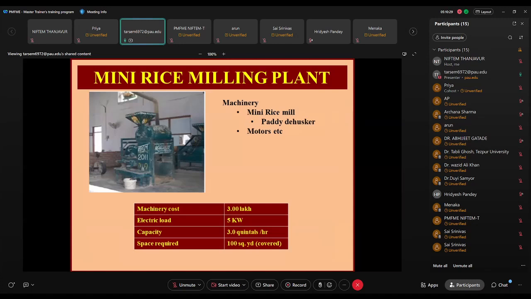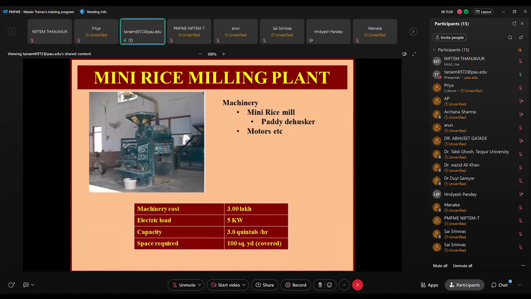And this machine is a part of the agro processing complex, a concept we have developed in PAU, where we have 3-4 different machines. One is the mini rice mill, another is a flour mill unit, the third is the oil expeller unit, and the fourth is the spice grinding unit. When these 4 machines are installed at the same place, we call it an agro processing complex.